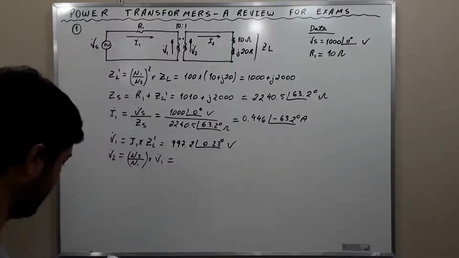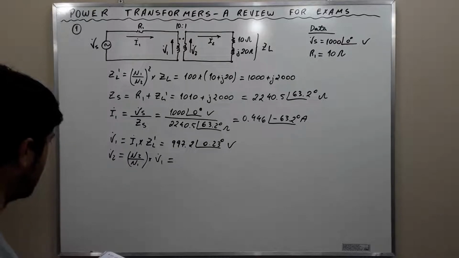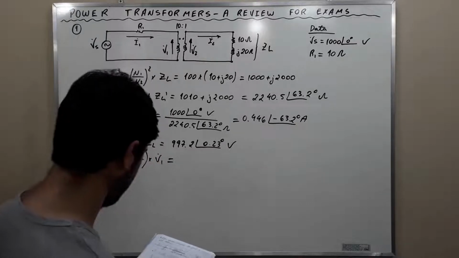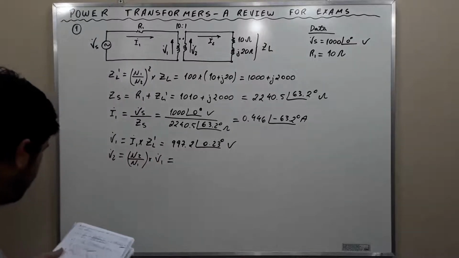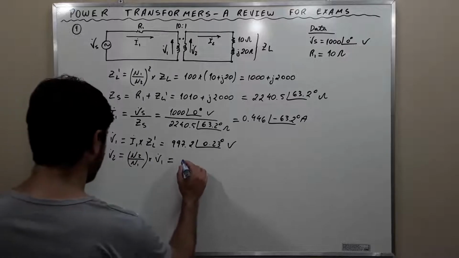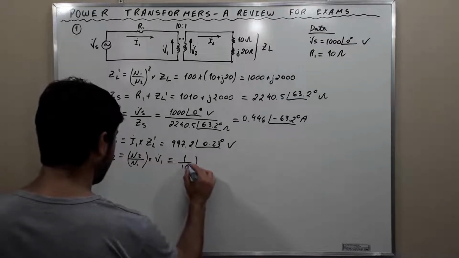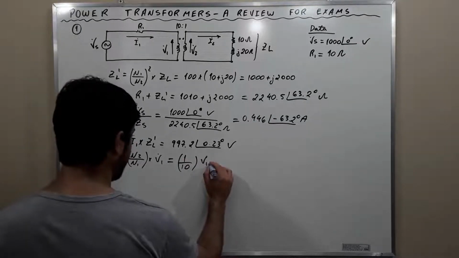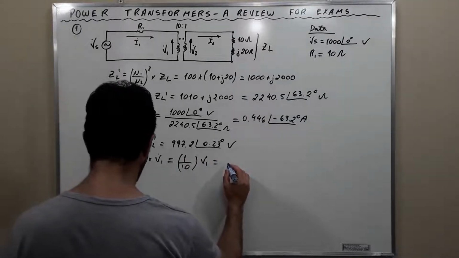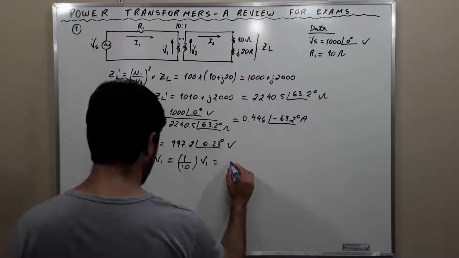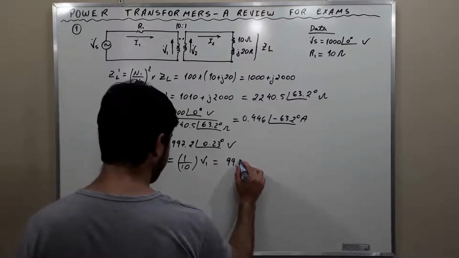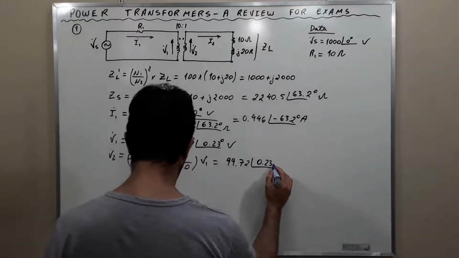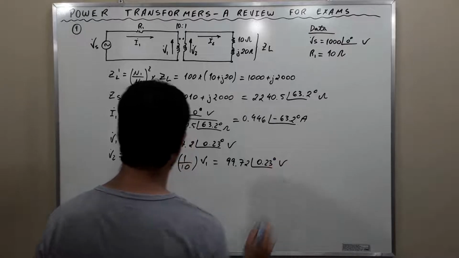And this is equal to 1/10 of V1, which is equal to 99.72 phase 0.23 degrees volts.